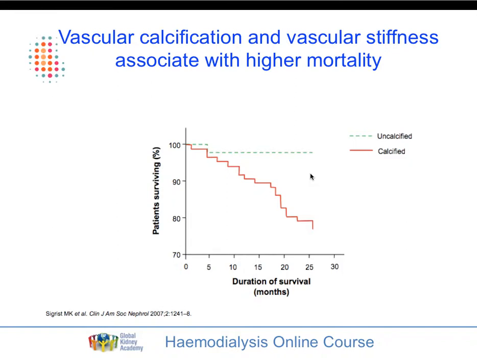And again, this is data from the UK, which shows that vascular calcification is associated with stiffness, and you're more likely to die if you're calcified when you're starting dialysis than if you're non-calcified when starting dialysis. So clearly preventing calcification, in theory, will be an important endpoint in terms of improving CKD and dialysis outcomes.